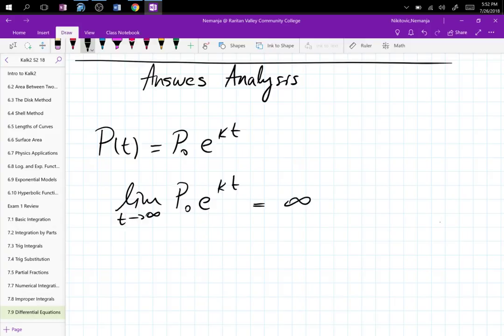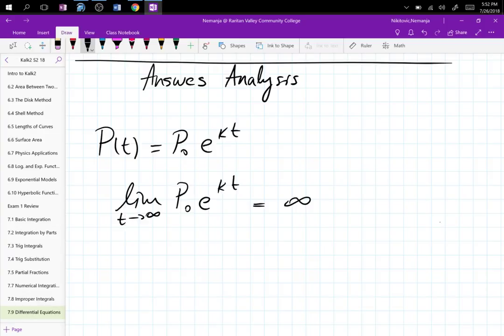So we see that this model, even though might be good locally to compute population, 5 years ahead and these kind of things, sure, 5 years ahead we do not expect to have infinite amount of people, and this formula will not predict that you will have infinite amount of people next year or in next 5 years or whatever.